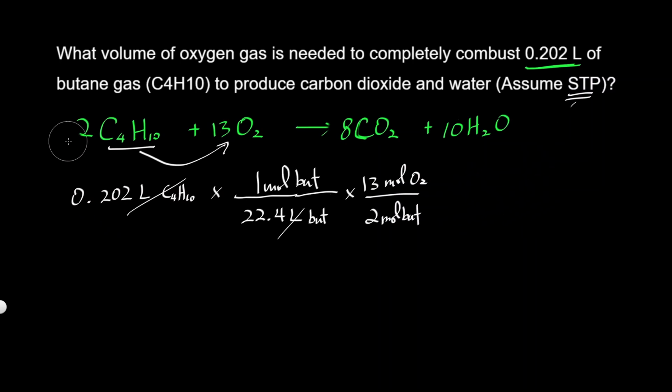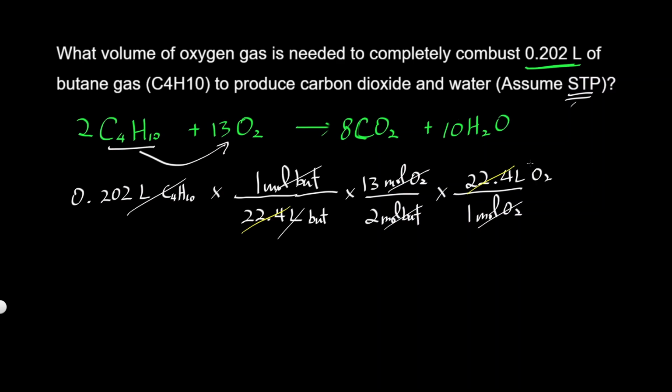Then multiply by, so butane cancels, and 1 mole of oxygen, remember at STP, is going to occupy 22.4 liters of space. So that cancels out. See what I meant earlier? That 22.4, number-wise, gets canceled out too.